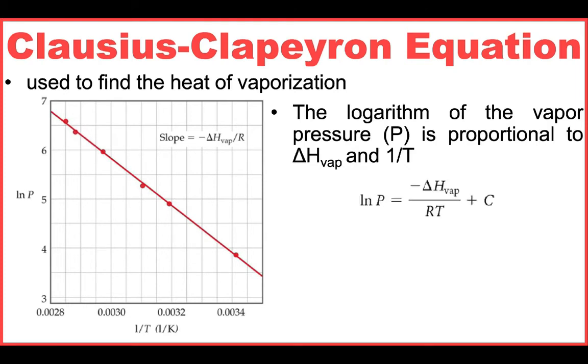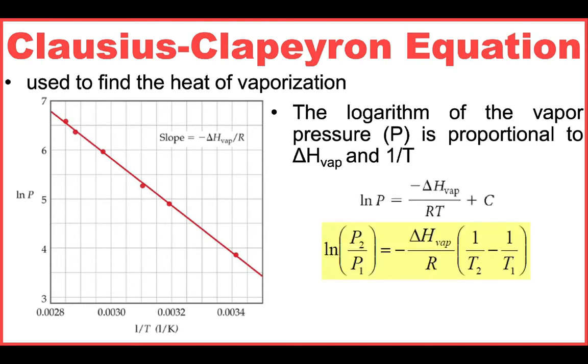So we will have this formula: the natural logarithm of P2 over P1 is equal to the negative molar heat of vaporization over R, which is a constant, multiplied by the difference of 1 over T2 minus 1 over T1. Some books might use this instead. It will give you the same answer, but the only difference is that here it's P1 over P2 and you don't have the negative sign. I will leave further discussion of this topic to your higher chemistry, as well as the solving part.